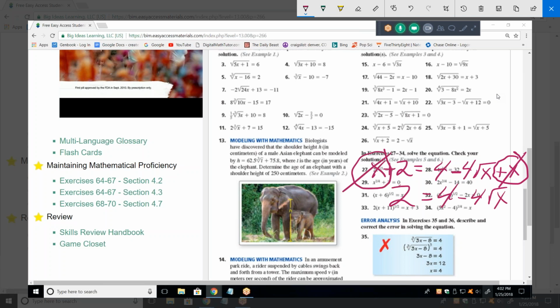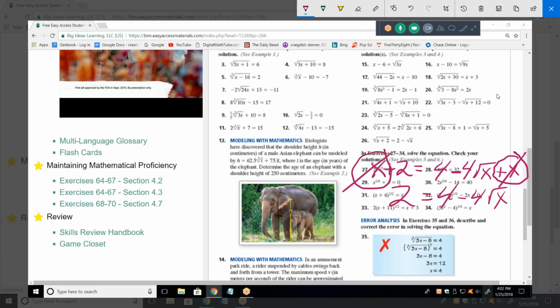Next step. So subtract 2. Hold on. This is not a quadratic. This is not going to be where we get 0 on one side and everything else on the other.